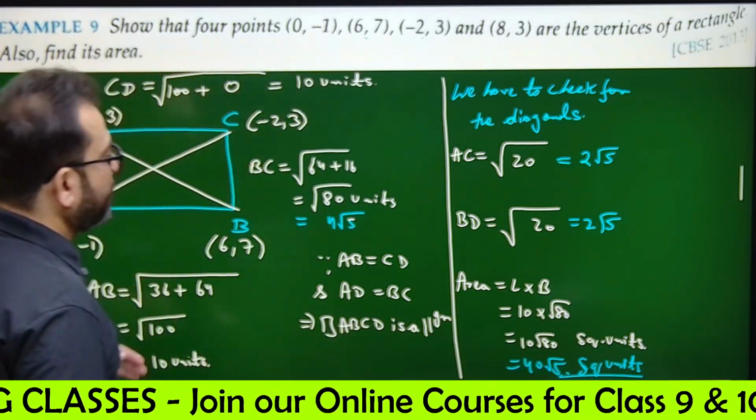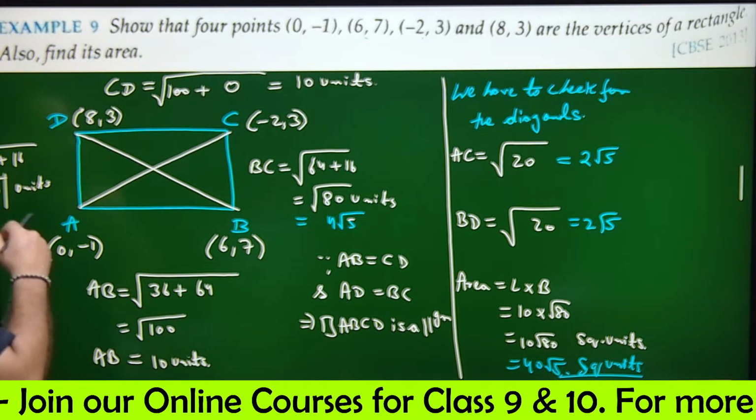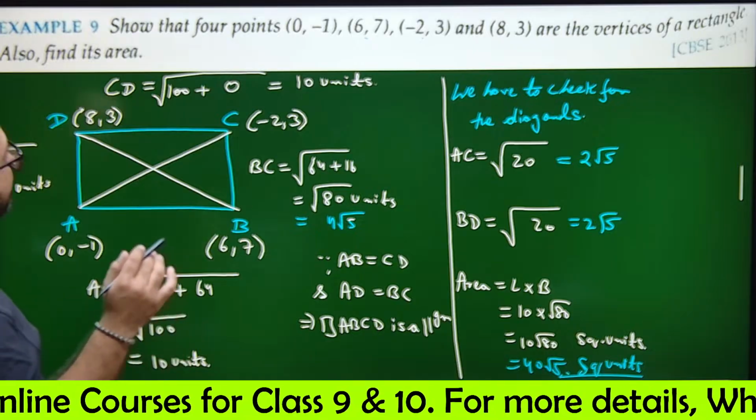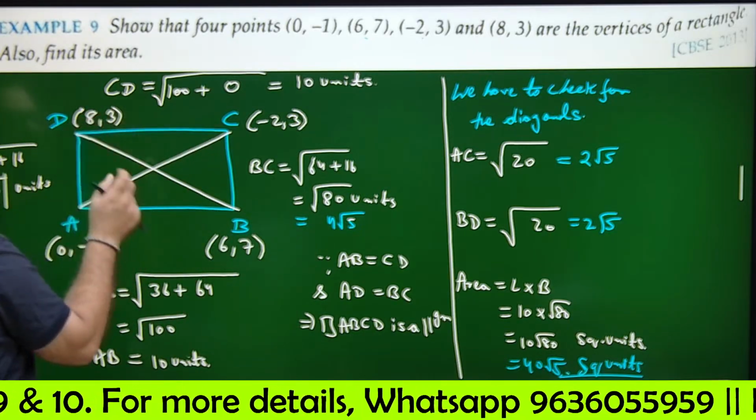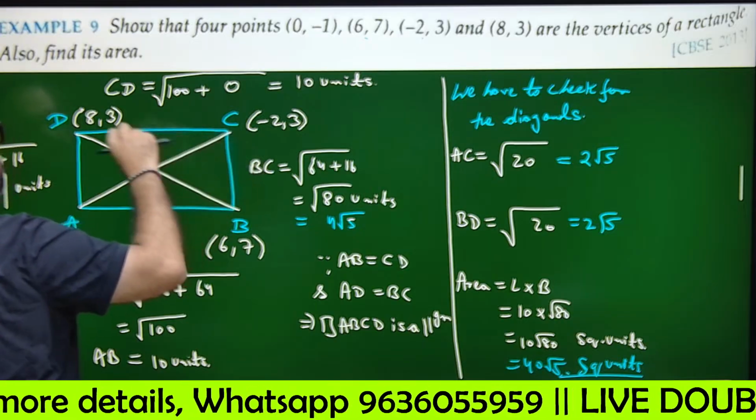Copy this. I'm giving you 1 minute. Or I suggest you solve this. Instead of 1 minute, take 2 minutes, but solve this. You first find AB, then find CD. It will be equal. Then you find BC, then you find AD.